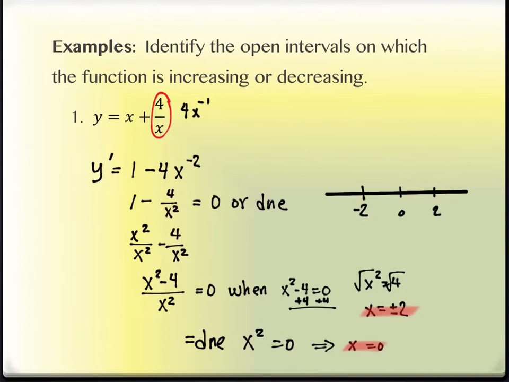So grab a calculator. We haven't done much with the calculator in a while, but we're going to in this section. And I want you to put in the derivative. And it doesn't matter which form of the derivative you use. So if you want to use the first one where I put in 1 minus 4x to the negative 1 or 2, that's fine. If you want to put it at the end where I put x squared minus 4 over x squared, that's fine.